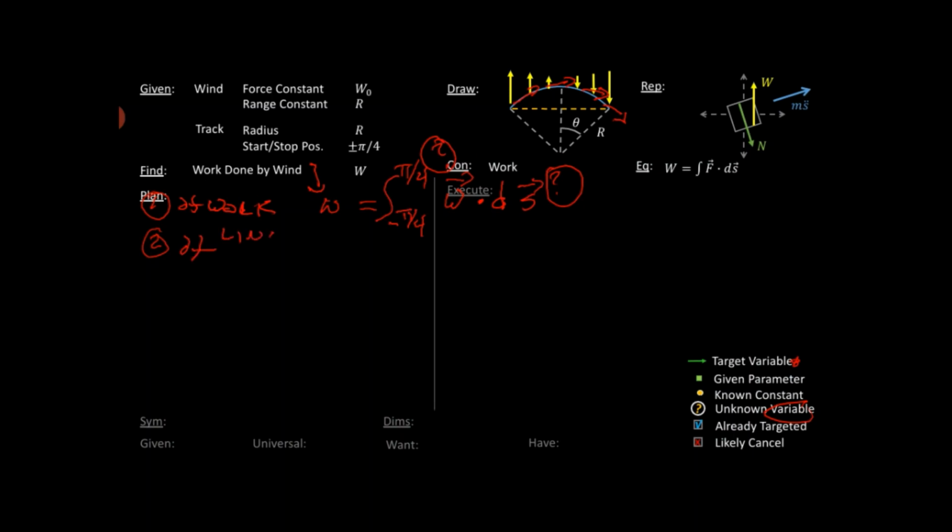So we already talked about the definition of that line element. The definition of that line element is ds is equal to the tangential direction, in this case as a function of theta, times the size of that little element as it's going along. We care about this as a function of theta, so that's r d theta.